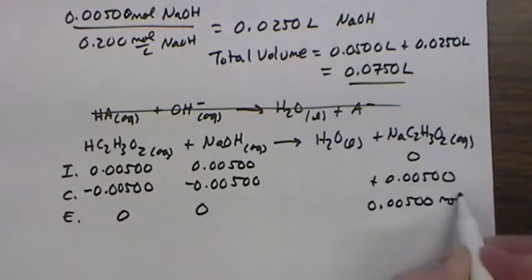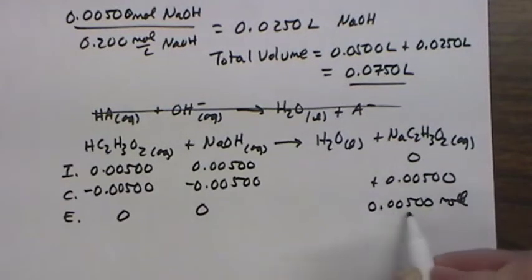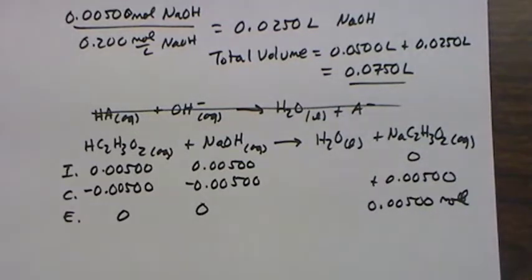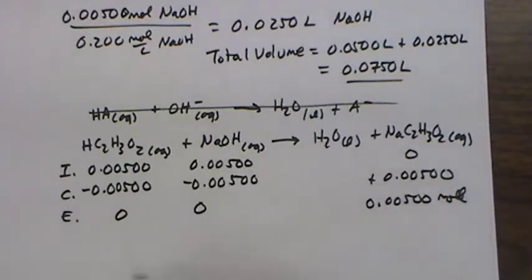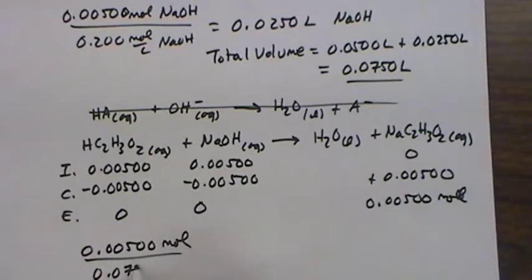So we have 0.005 moles of the sodium acetate, and it's the acetate ion that we're after. Then the concentration of the sodium acetate is going to be this divided by the new volume. So that's why we had to find that volume.